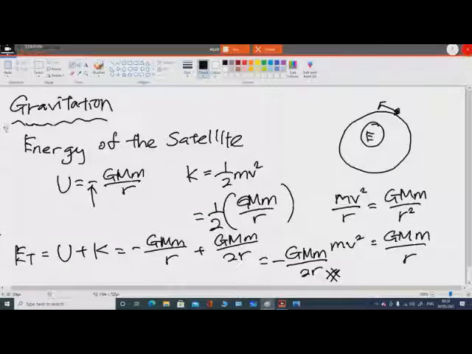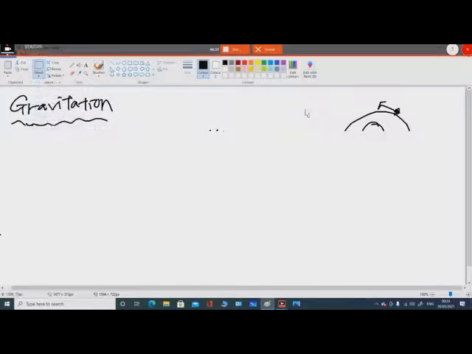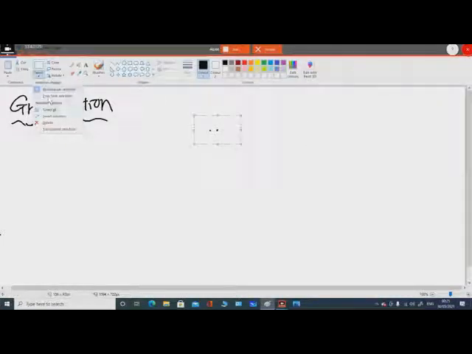Okay, so let me erase this one. In terms of graph, let me draw a graph here.